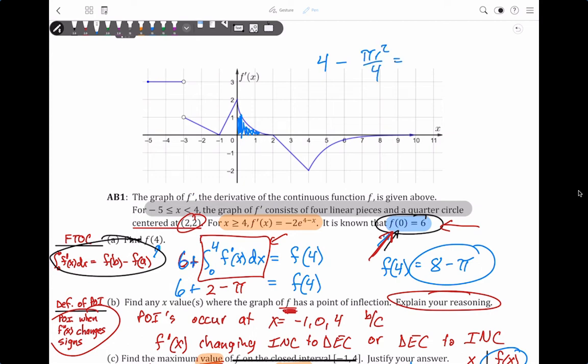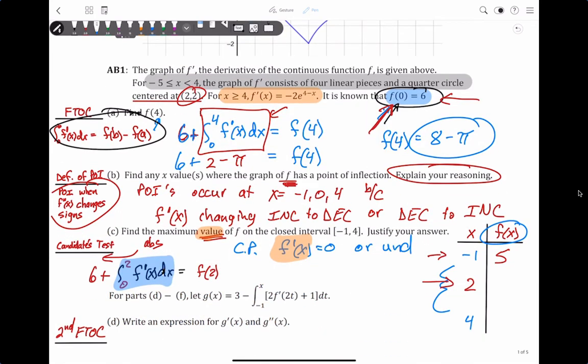We know that the radius was 2, so this became 4 minus pi. So 4 minus pi is going to be that value here, but then we have to add this 6 to it. 4 minus pi plus 6 is going to be 10 minus pi for the value of f of 2. Okay?